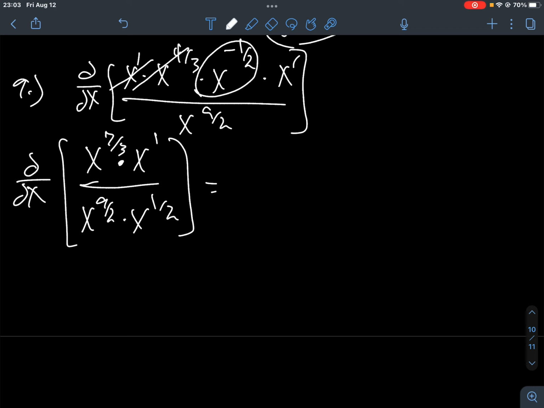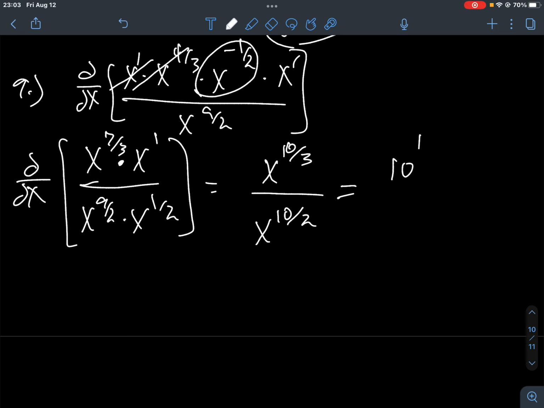So 7/3 plus 1 is x to the 10/3 over now 9/2 plus 1/2 is x to the 10/2. 9 plus 1 is 10 divided by a common denominator of 2.